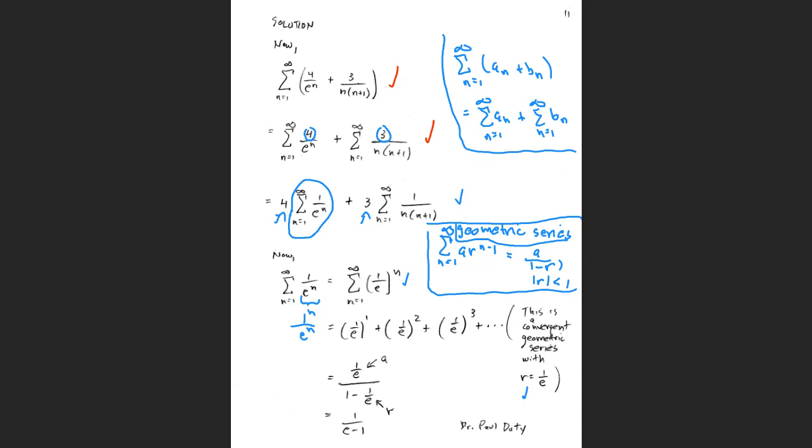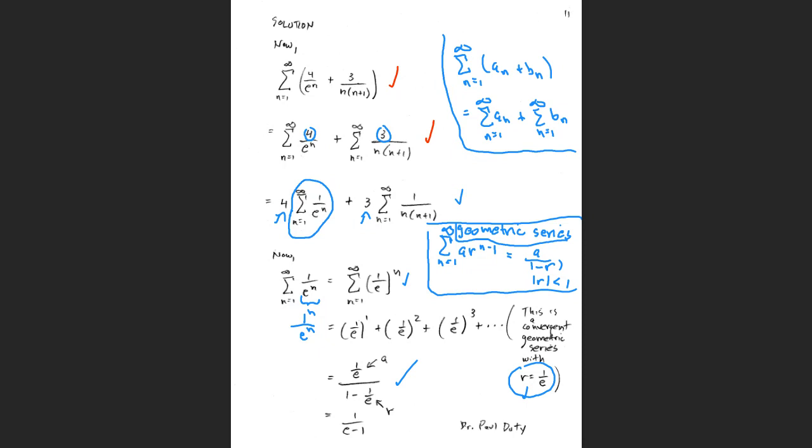Well, this common ratio that we have of 1 over e, that common ratio is less than 1. And so I can write the sum. That series converges to 1 over e divided by 1 minus 1 over e.